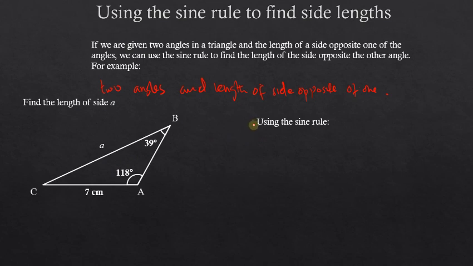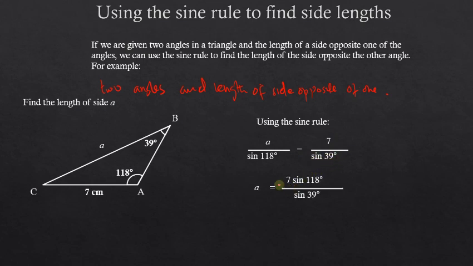Using the sine rule, A over the sine of its opposite angle should be equal to 7 over the sine of 39.